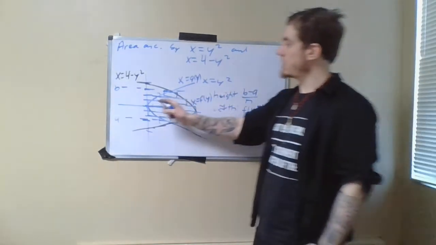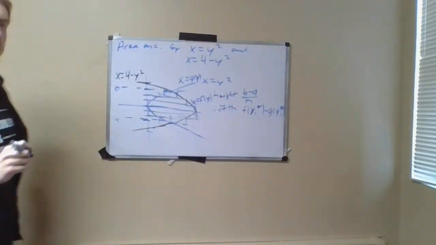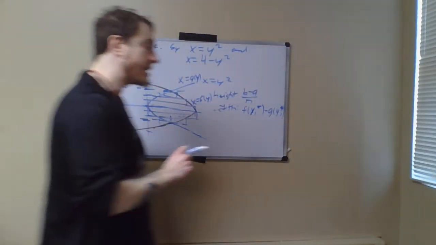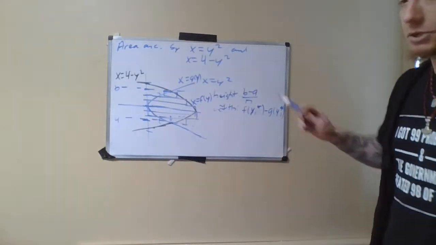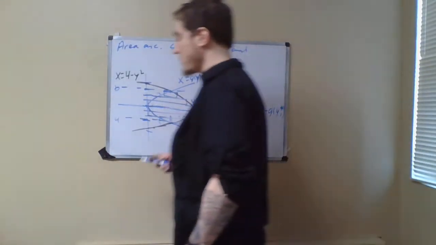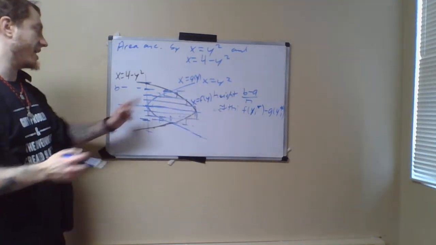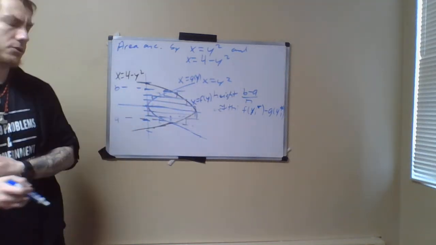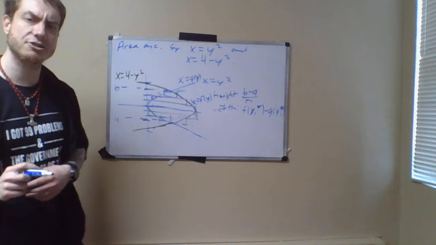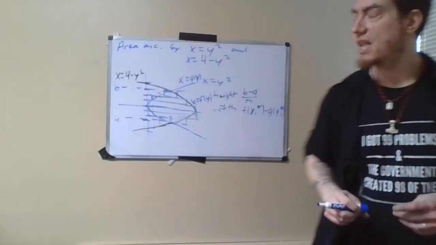In other words, we are interchanging the roles of x and y here, because we're using these horizontal strips, and the width of the horizontal strips is the difference between the right endpoint and the left endpoint. It's clearer that there's a left endpoint if I actually draw the rectangle, isn't it?